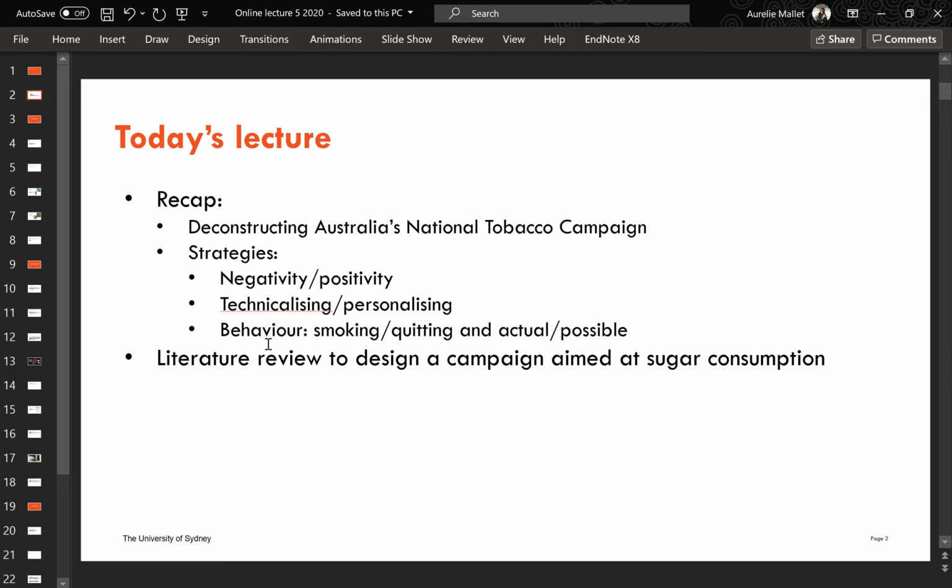So, okay, you want to design this thing, you want to work on this particular project, but where do you actually start? What kind of literature should you start to look at and review? So that's what I thought we'd do today. So looking at the kinds of literature review that we would need if we were to design a campaign aimed at sugar consumption.